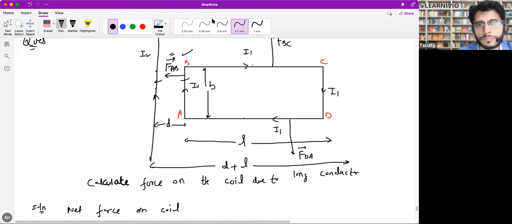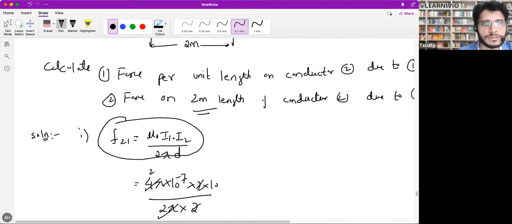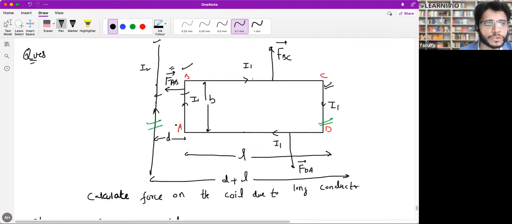See this CD, Mariam. This CD and this long conductor are two parallel conductors only. Use this relation. Tell me, what's the force?